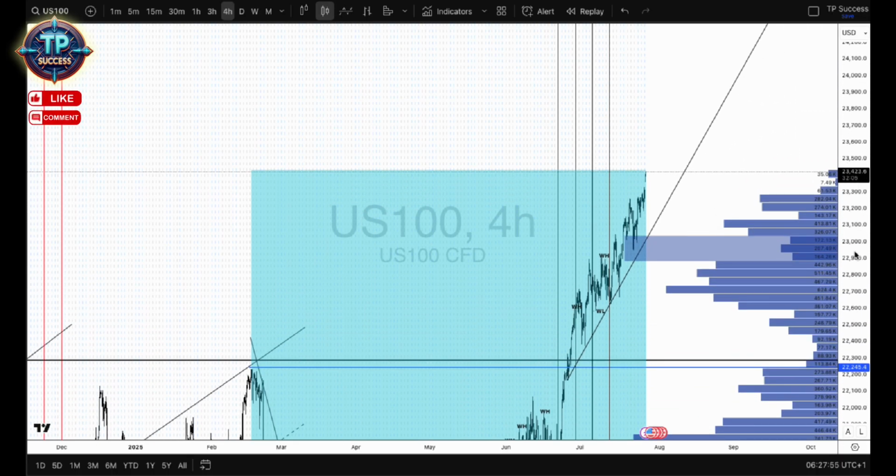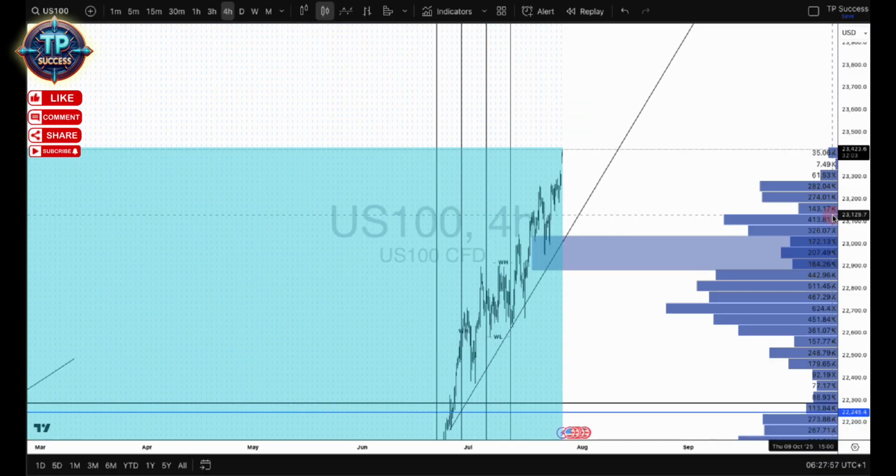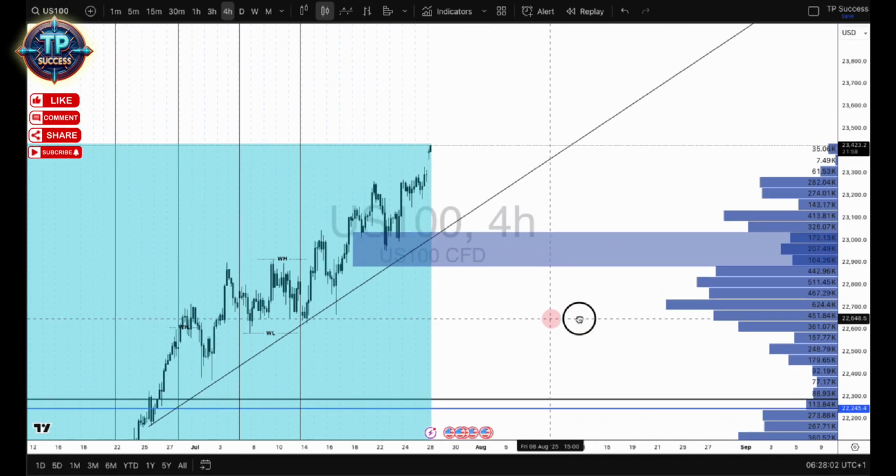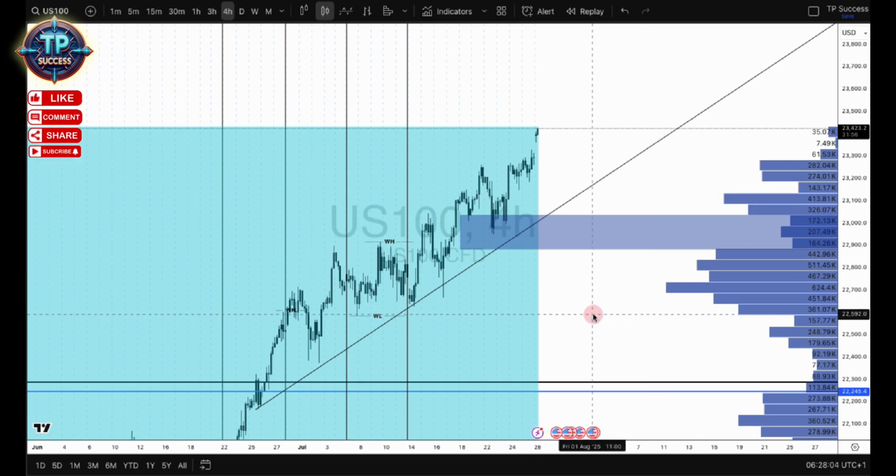At the moment there are only three low volume node areas that I have an interest in, and they will always be in close proximity to what the market is doing.